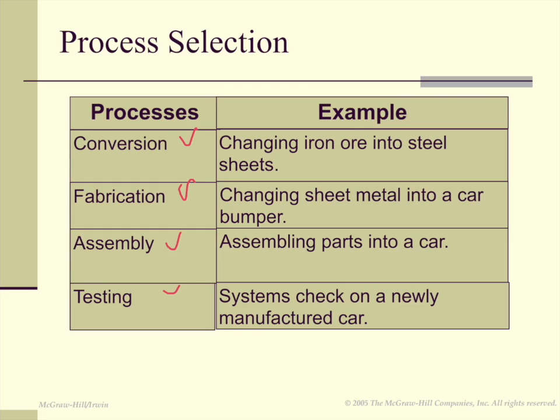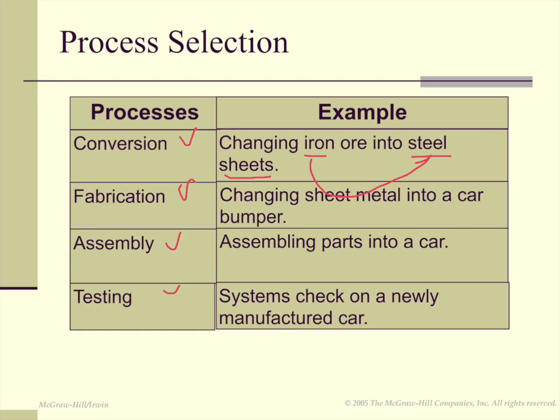The process that can be called conversion, for example, is changing iron into steel sheet. That is the conversion. It can be the reaction in chemical engineering: the changing of form, changing from iron into steel.